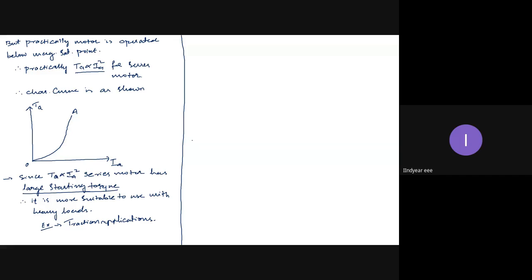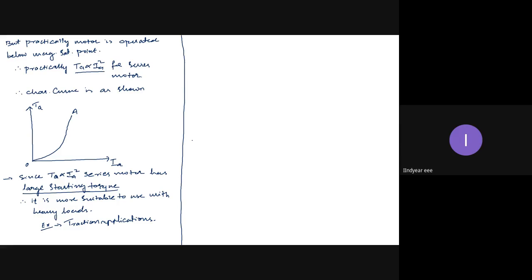Therefore these DC series motors are largely used in most of the traction applications. Large traction applications, not small locomotives. In small locomotives, either a three-phase induction motor is used with the help of inverter and converter circuits, or a brushless DC motor is used.